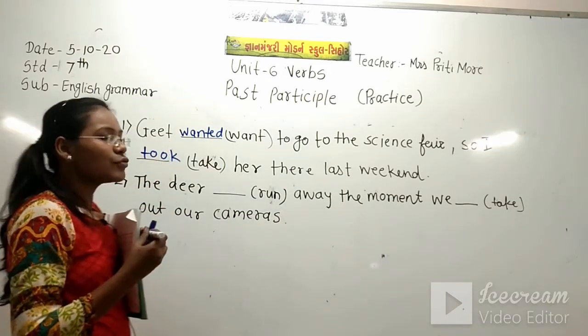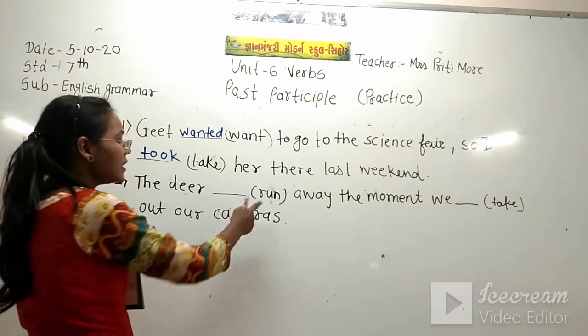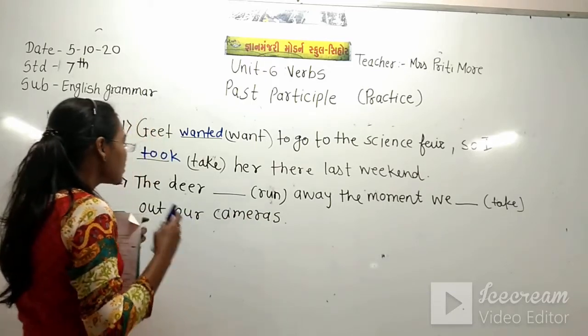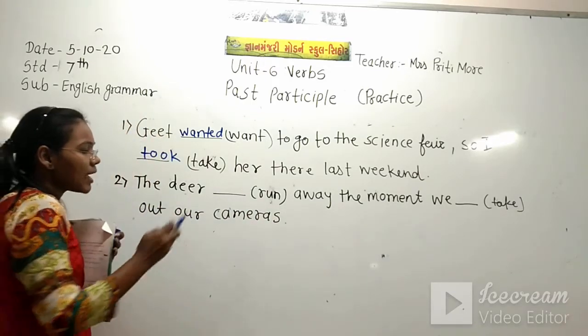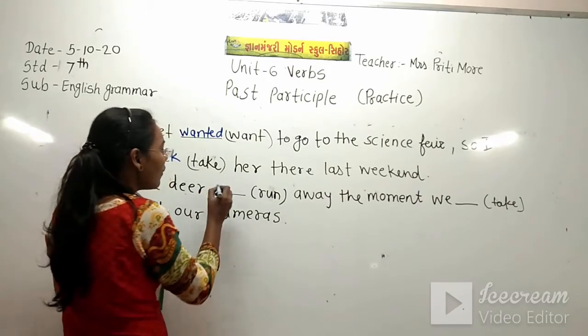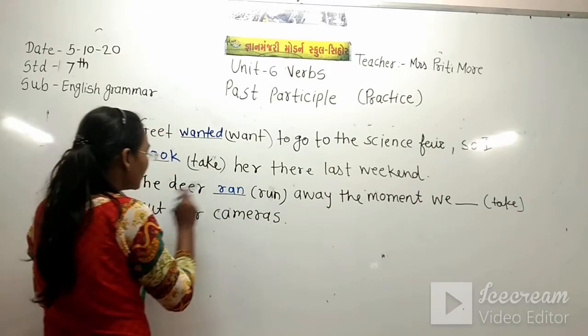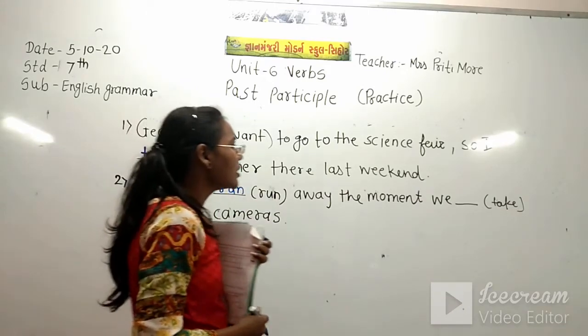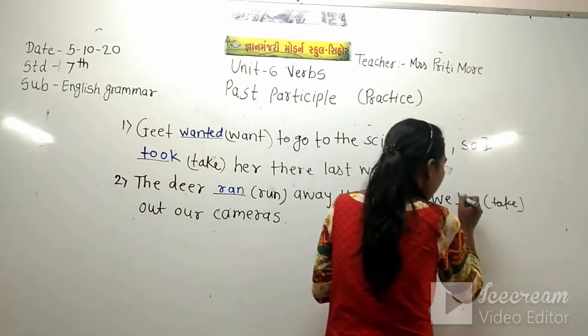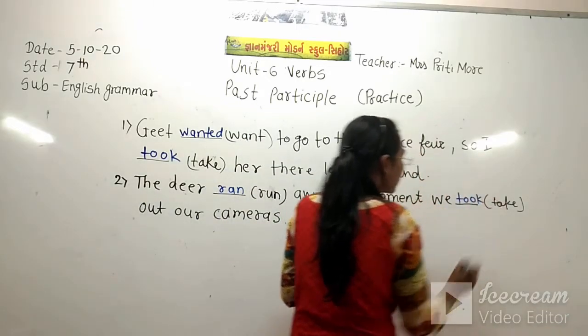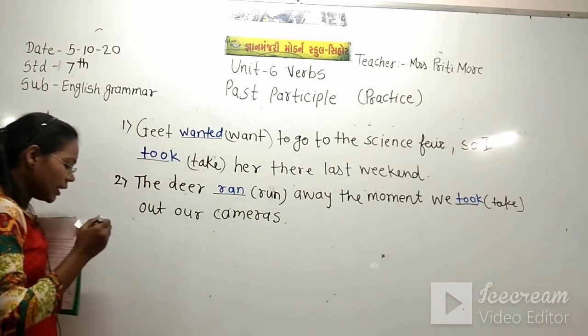So here also which verbs are there? There are run and take. The past form of run is ran. The deer ran away. The moment we, the past form of take is took, out our cameras.